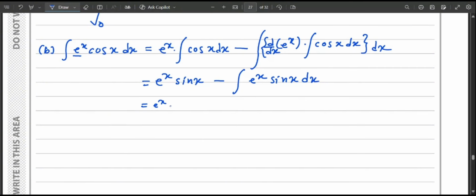Now the integration term we have here itself cannot be simplified further. That's why we also have to integrate this using integration by parts.